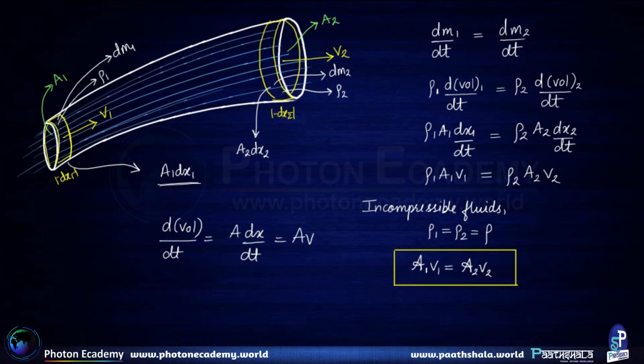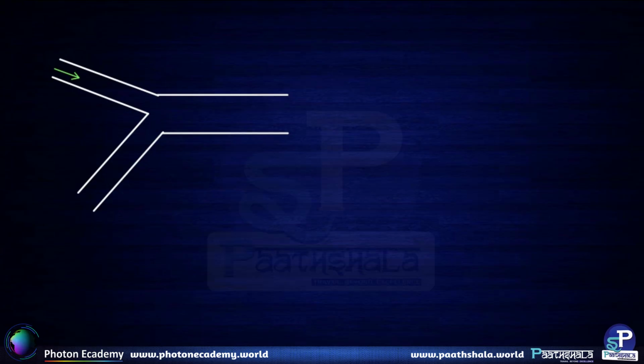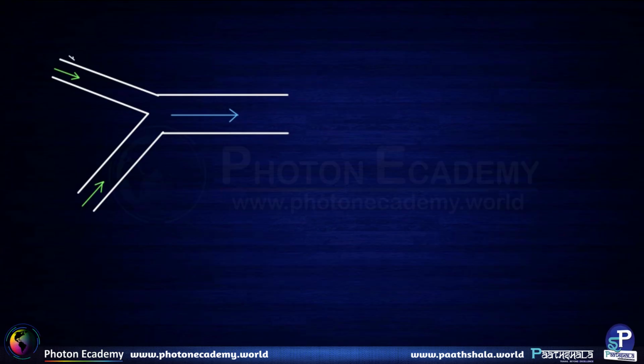Alright. Now, if you have been given a situation that is something like this, then from here, let us say the volume flow rate is A1 V1 from over here. Alright, so let us say from here the volume flow rate is A2 V2. Then the volume flow rate of the output is going to be equal to A3 V3, which is going to be the sum of A1 V1 plus A2 V2.